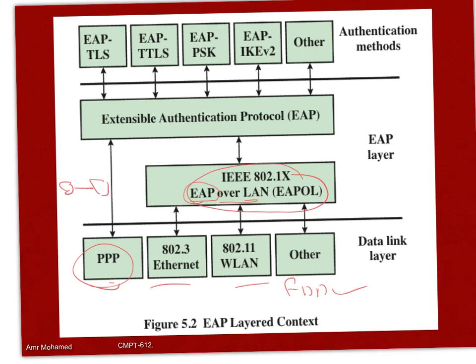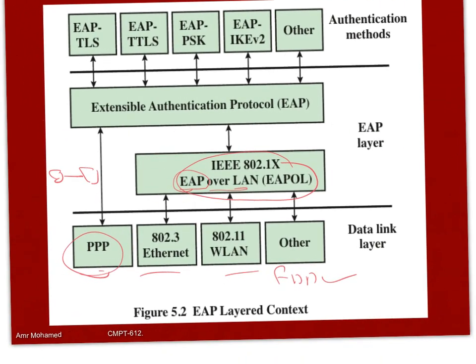And there is IKE, which is part of IPsec. We'll talk about that in chapter 9. What I'm trying to say here is that any of these authentication mechanisms can be leveraged, can be used through the extensible authentication protocol.